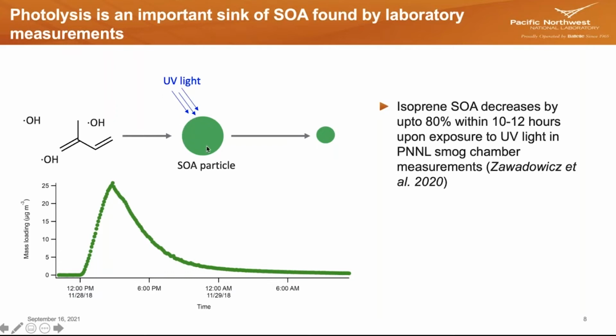What this study found, this is from John Shilling and Maria Zawadowicz, was that as the UV light is hitting these SOA particles, within 10 to 12 hours, almost 80% of it is gone, because the multifunctional species within the SOA particle, when they were exposed to UV light, reacted away and evaporated to the gas phase. So this is another process which is really important to be considered in climate models.